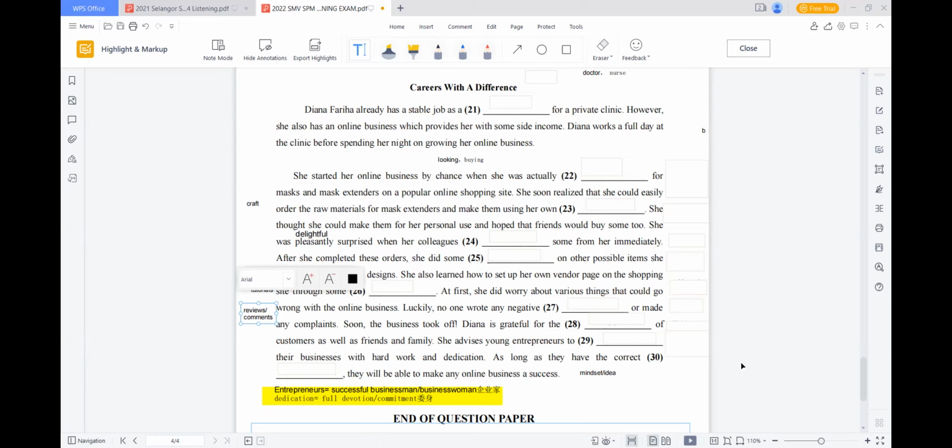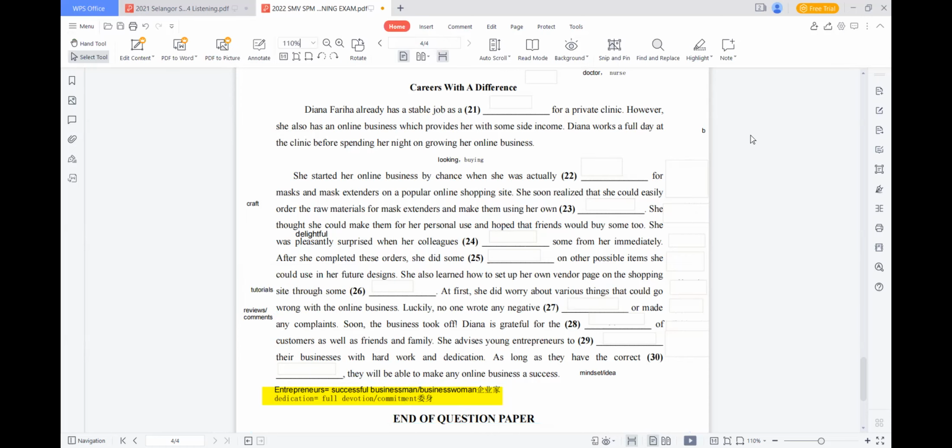Do tell us how you got started. Well, I was on the Shopee site one day looking for masks, since everyone has to wear masks now. People who wear headscarves like me have some difficulty fitting the usual mask over our hijabs. I saw that many people on Shopee were selling mask extenders that would suit hijab wearers, and they were decorated with lace and beads and other things.